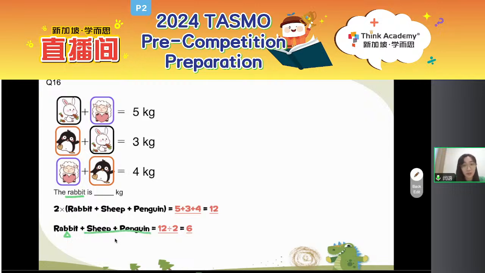So what is the sheep plus penguin? Can you find it? Sheep plus penguin, that is what? That is 4, okay? So here you see, very, very easy. For the last step, what is 6 minus 4? You will find that the rabbit is 2 kilograms. Yes, very easy, right? Okay.